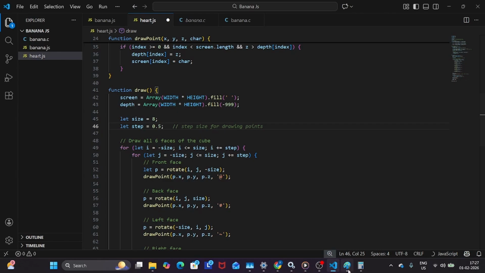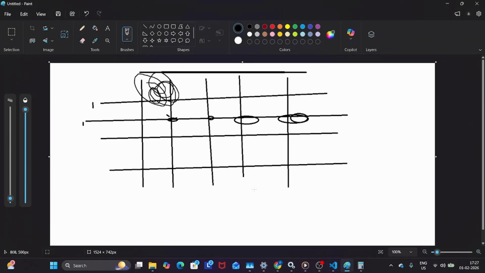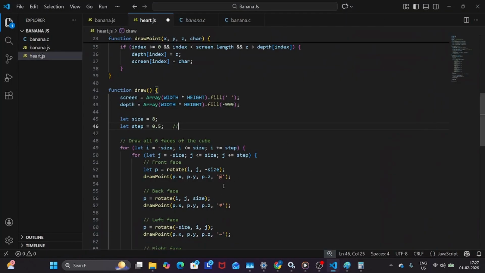Here the cube length is 8 on the x-axis, so it would go from minus 8 to plus 8, and that's why we say minus size to plus size.